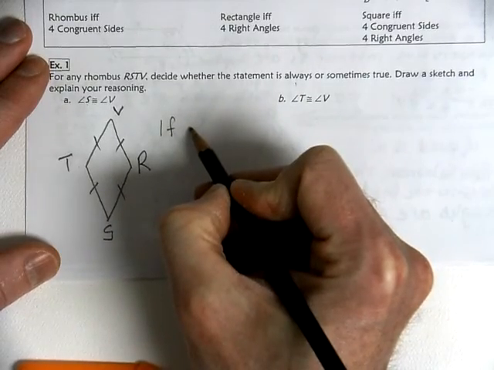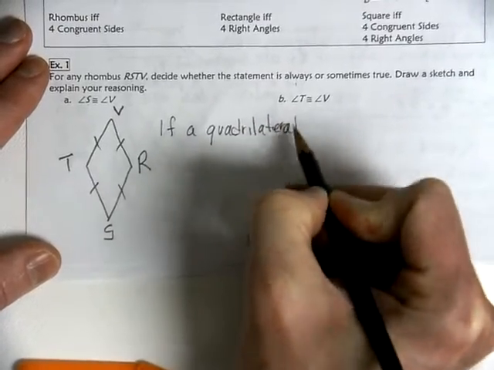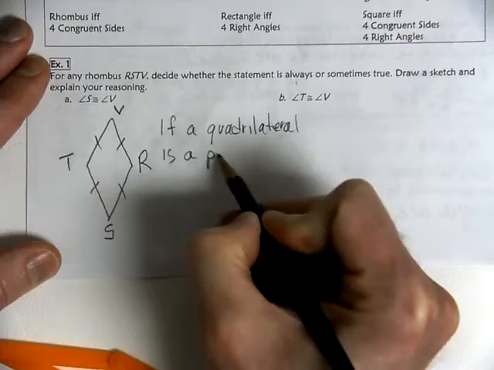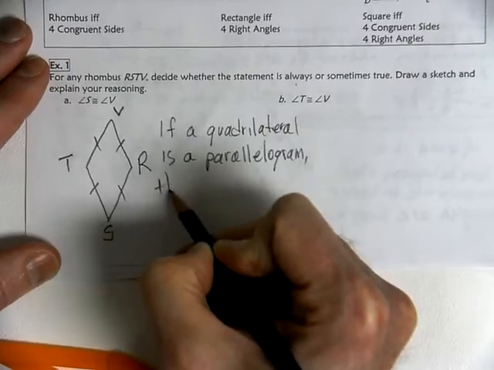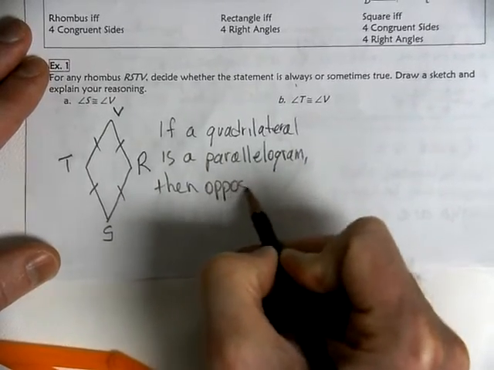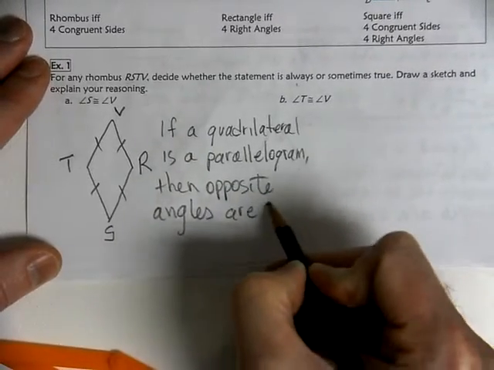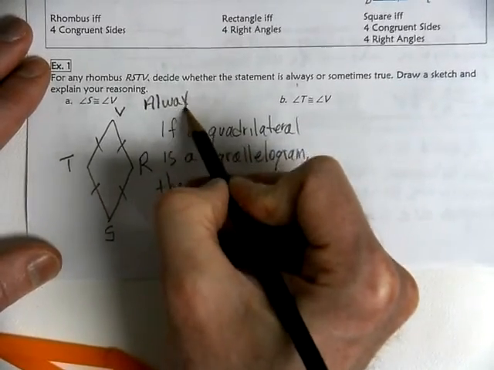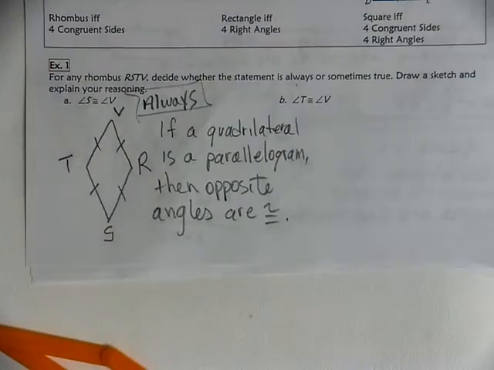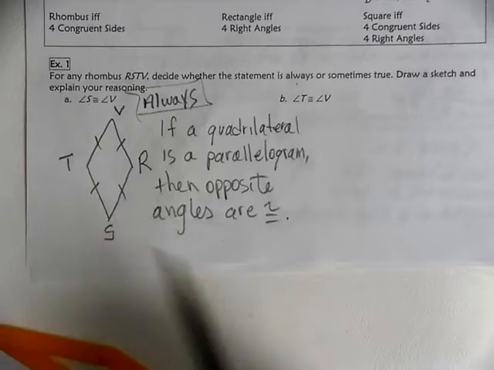If a quadrilateral is a parallelogram, then opposite angles are congruent. So this is going to be always. It's always going to be congruent. If you have a parallelogram, well, this is a rhombus. Yes, a rhombus is a parallelogram.